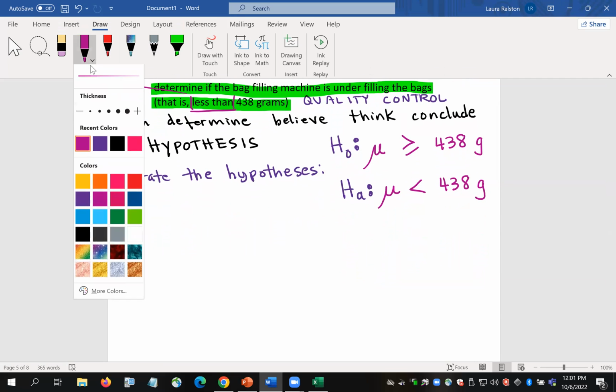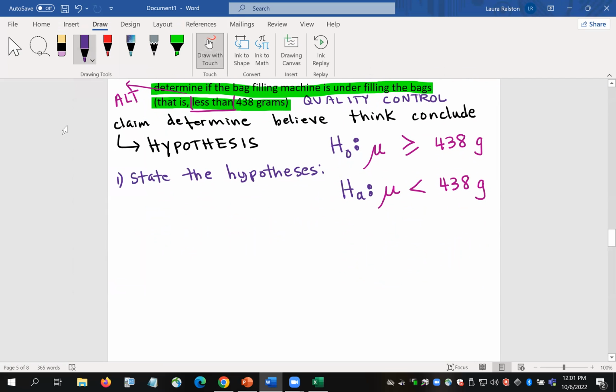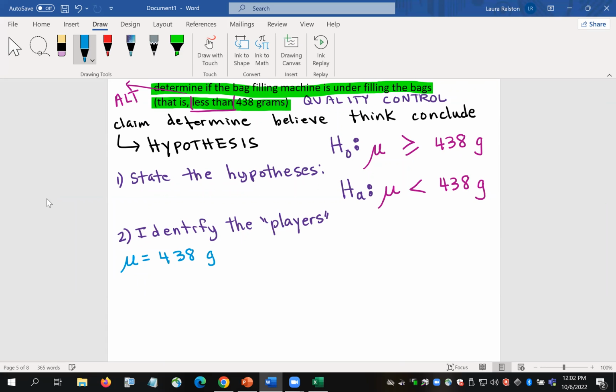Then step 2 in the process is to identify the players. Identify the information that you're given in the problem. Okay, so I know, at least initially, that the population mean is the 438 grams.